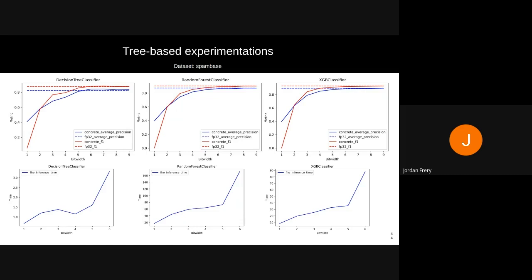And of course, with 1 and 2, the damage done to the accuracy, so the F1 and the average precision, is pretty huge, but you converge very quickly to the floating point 32 metrics, which is great. And on the bottom, you can see the inference time for a single example.